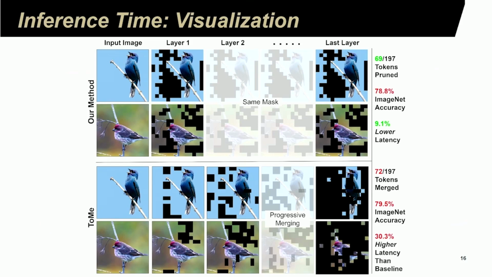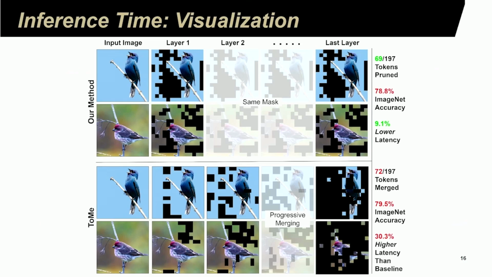While their accuracy may be better, our method is a good trade-off between accuracy and lower latency. As you can see, our method removes 69 tokens from the very beginning, and our accuracy can achieve almost 79%. And our method can reduce latency by 9%.